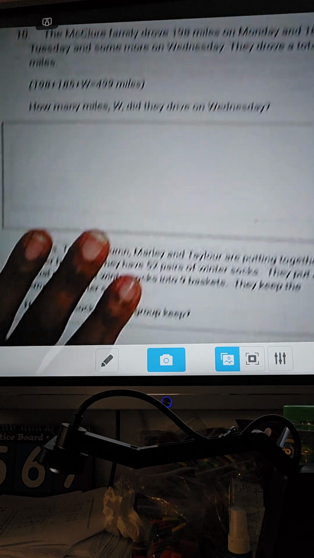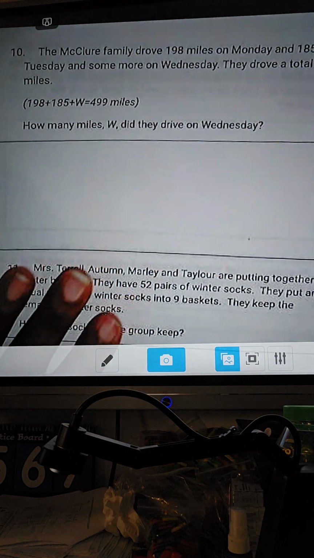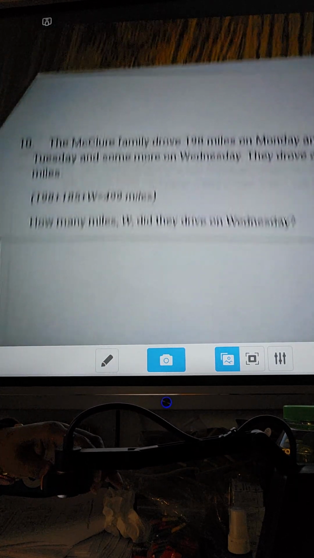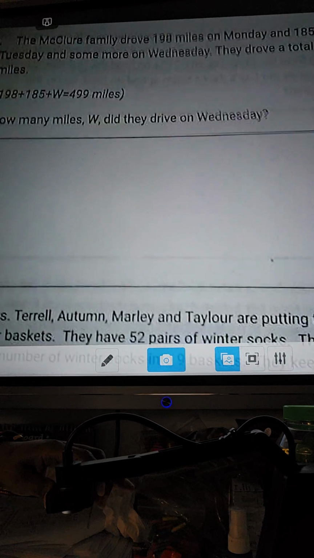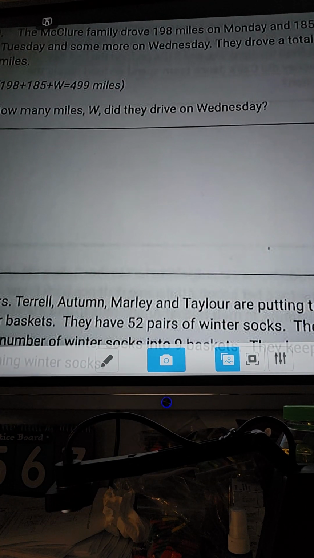All right, number 10. The McClure family drove 198 miles on Monday and 185 miles on Tuesday and some more on Wednesday. They drove a total, here's the other one that I messed up, y'all.